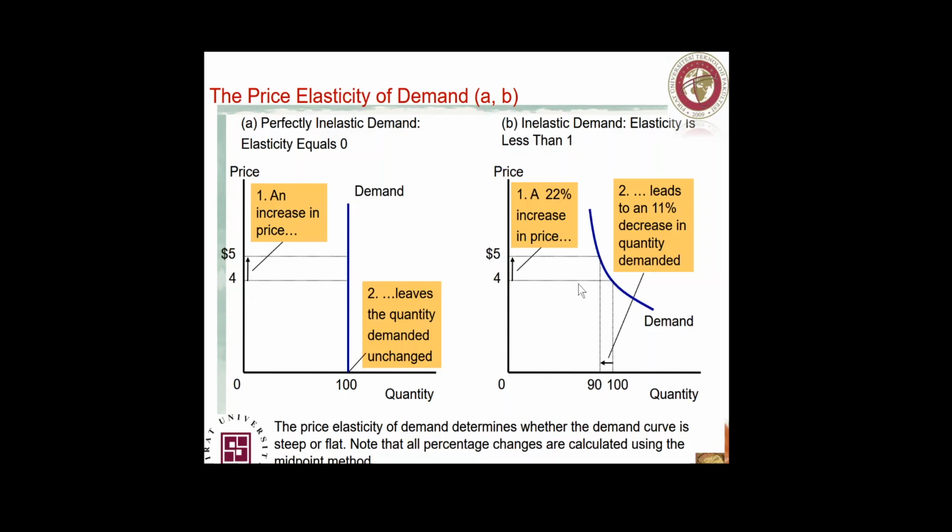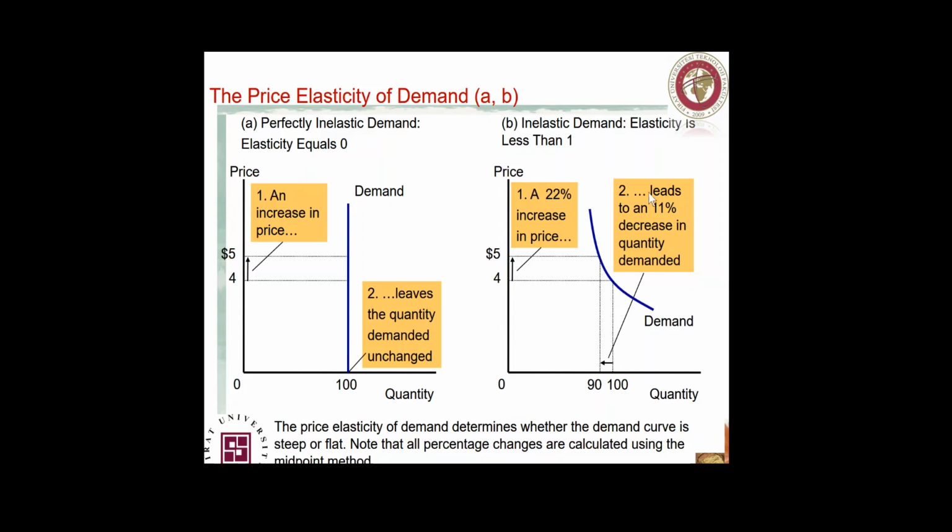Now think about this. We have some steepness, steep meaning the curve goes very high, like this. In this case, it's inelastic, and the percentage of the change in the quantity is usually less than the percentage of the change of the price.